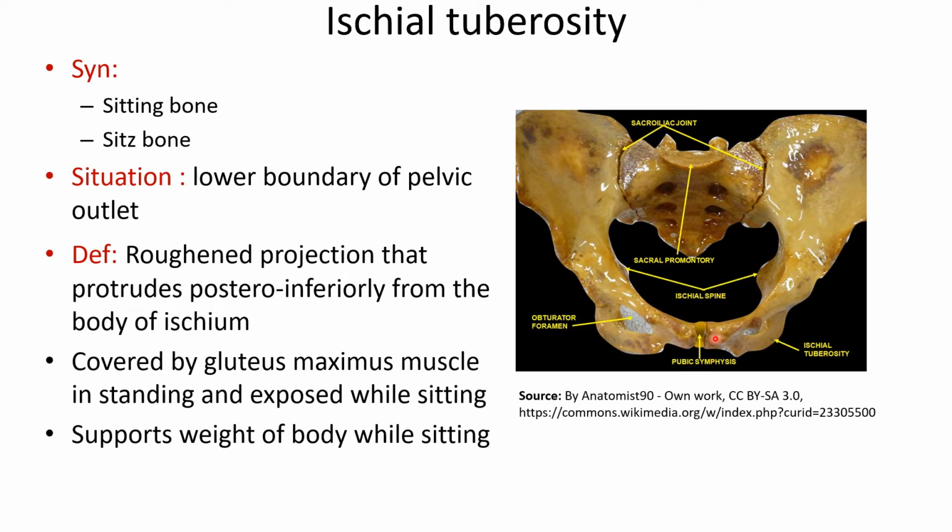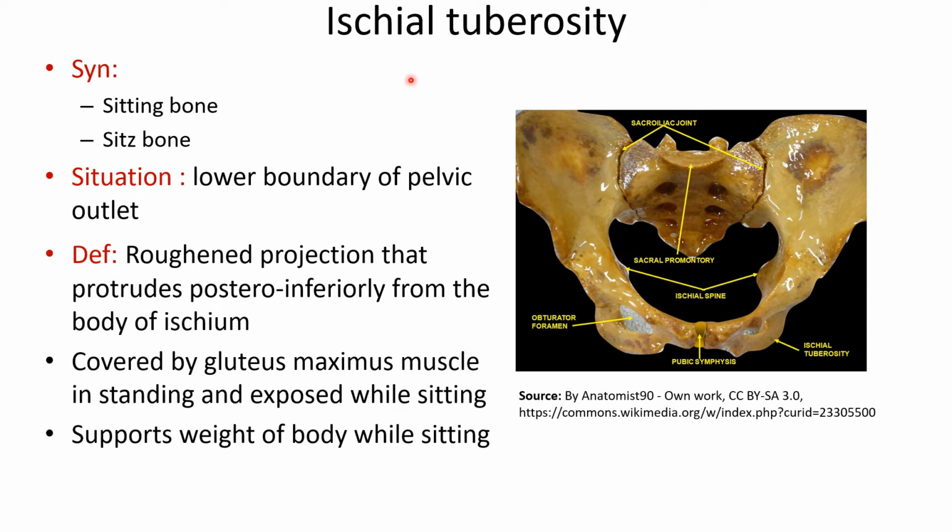The two pubic bones join together at the pubic symphysis. The ilium joins with the sacrum, forming the sacroiliac joint. This is the ischium, and the projecting parts are the ischial tuberosities.